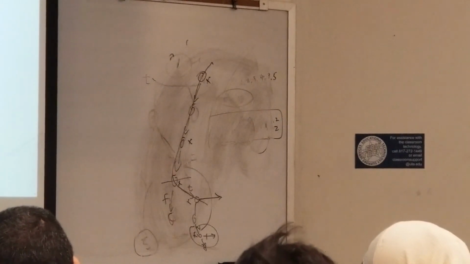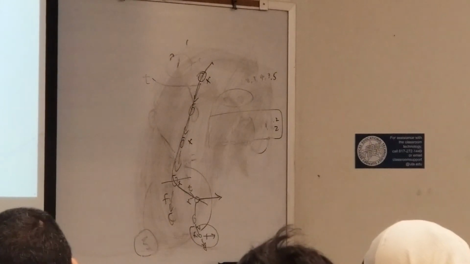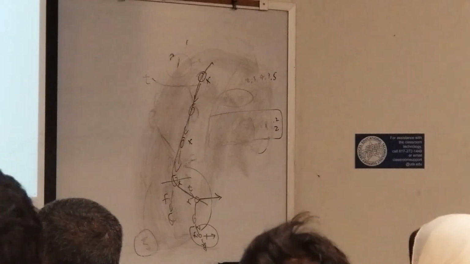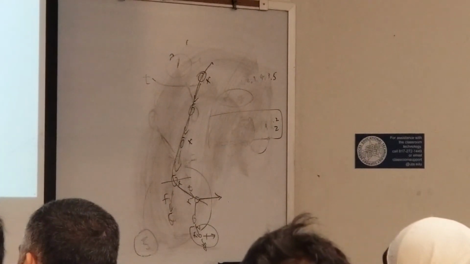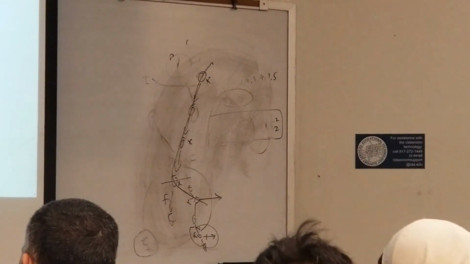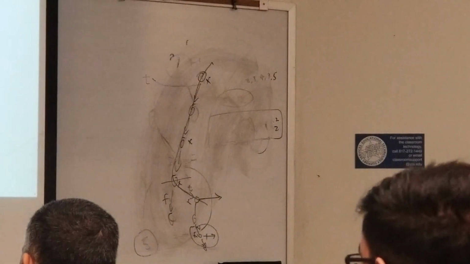Again, I just want to give you this general idea. So we're going to spend a little bit more time on symbolic execution, and this is one very important technique in software testing and analysis.